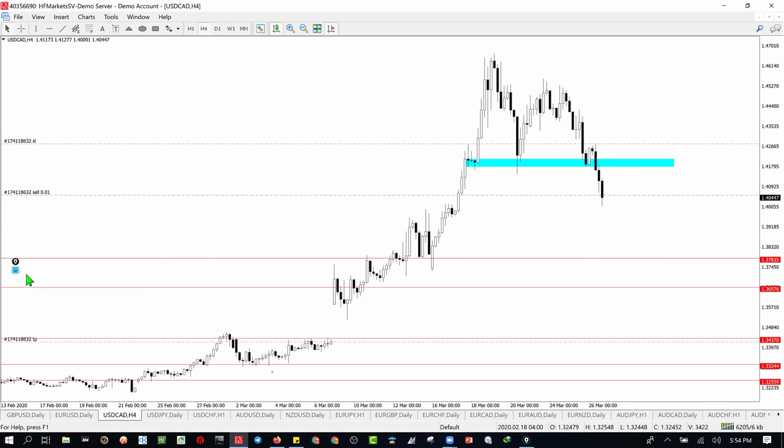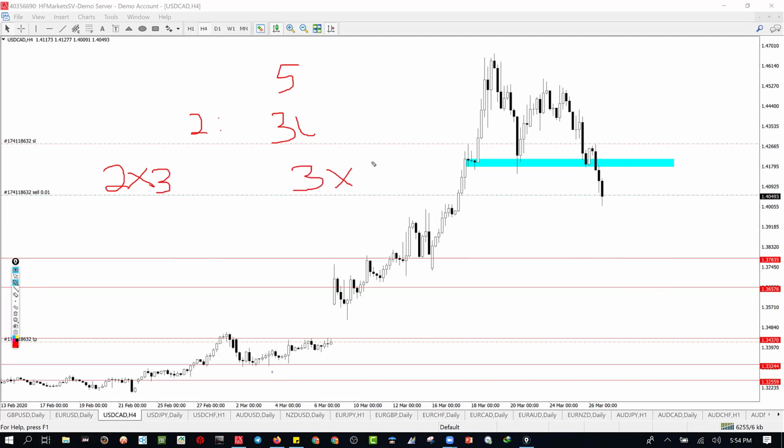So if, let's say, in a week I was able to execute like 5 trades and I have 2 winning trades and 3 losing trades, this will be 2 times 3, and this will be 3 times 1, because I'm losing 1 and making a target of 3. So this will be 6 to 3. You can see, despite 2 winning trades and 3 losing trades, I still have 6 to 3. That will be plus 3 units.